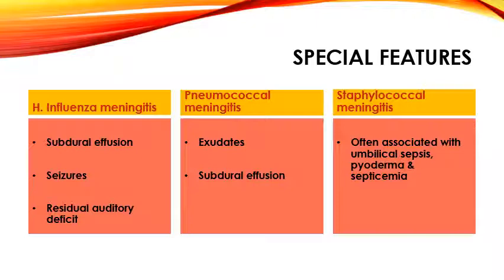In pneumococcal meningitis, we can see exudate, subdural effusion, and again residual auditory deficit is seen in patients with pneumococcal meningitis, which is as high as 30%. In staphylococcal meningitis, you can appreciate associated findings of umbilical sepsis, pyoderma, and septicemia.